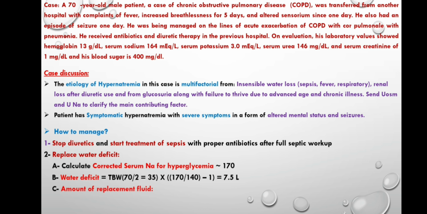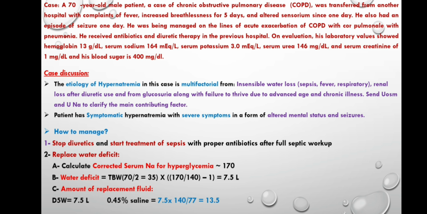Then what is the amount of replacement fluid? If you replace with D5 water, you should give this 7.5 liters to correct the sodium from 170 to 140. Or you should give about 13.5 liters of half normal saline to correct sodium from 170 to 140. How do you know this 13.5?